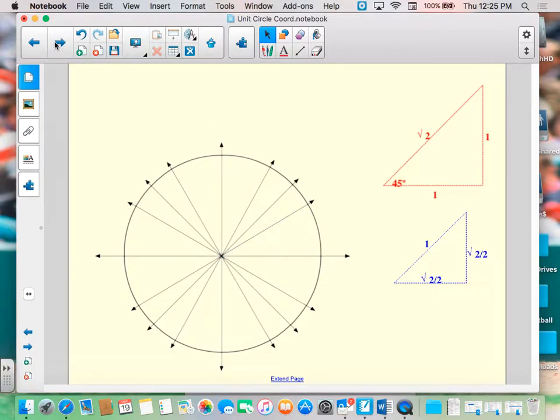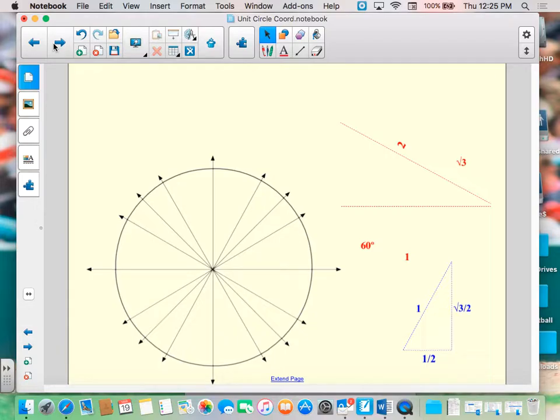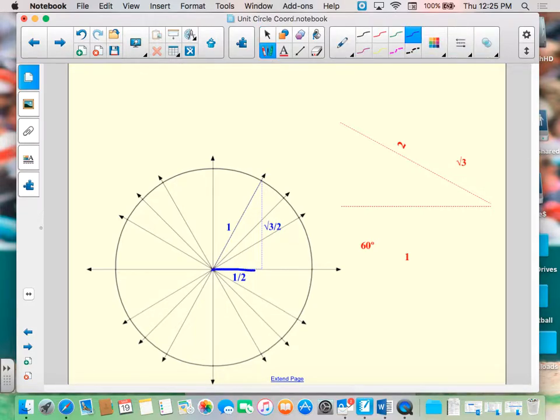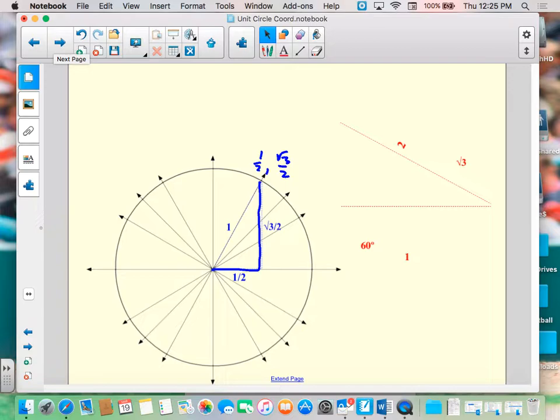Now, if I take my 60, and I drag this and squeeze it in here, you can see how I got that ordered pair, I hope. It is over and up: over a half, up the square root of 3 over 2. So we took that 30, 60, 90, and we shrunk it down again.